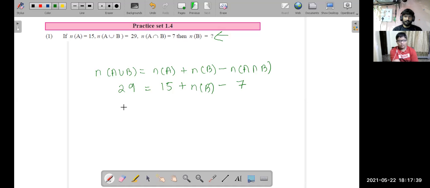As A union B is 29, and as we normally take the numbers of A and numbers of B and add them together, and we subtract the intersected number, then I think first what you do is this 15 minus 7, do that first. Write this n of B as it is, plus 15 minus 7.